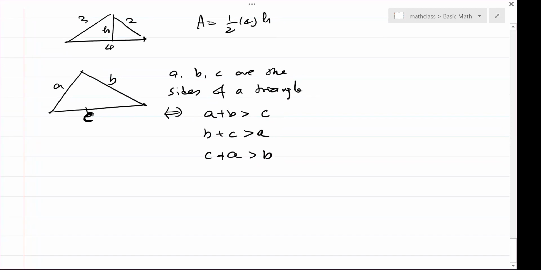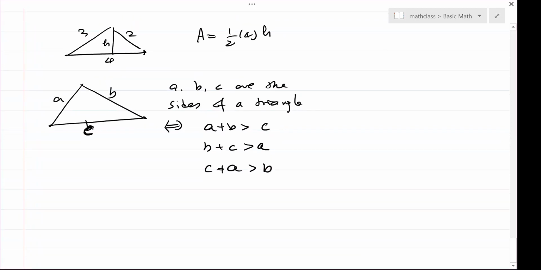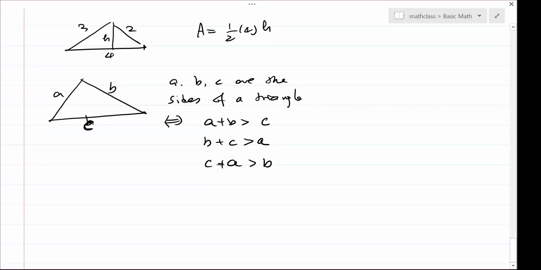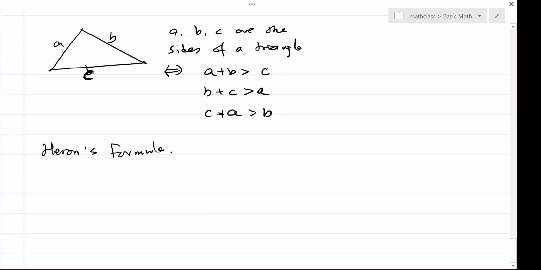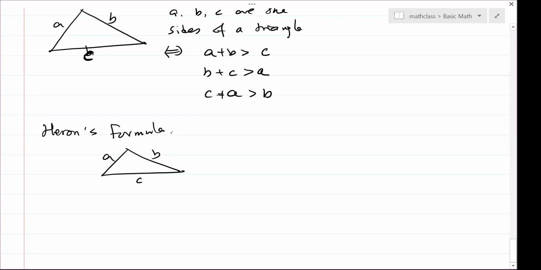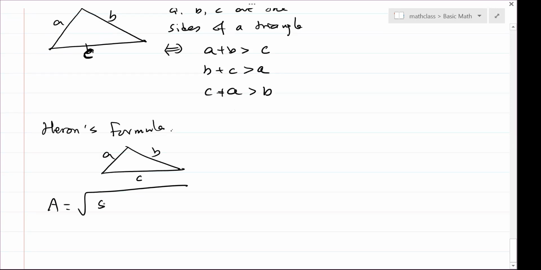One of the formulas is called Heron's formula. Heron's formula says that the area is going to be the square root of S times S minus A, S minus B, S minus C. And what is S? S is going to be half of the perimeter.